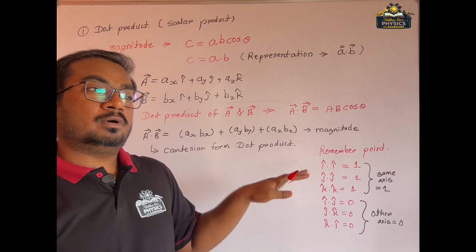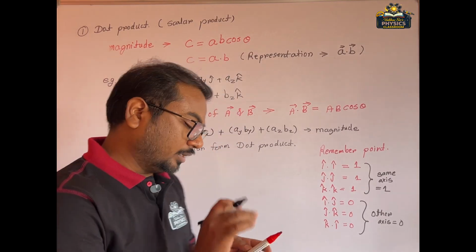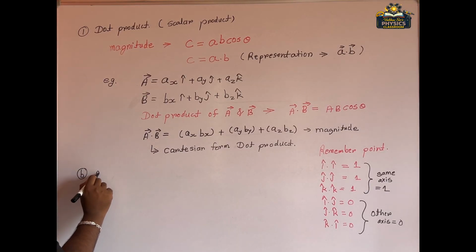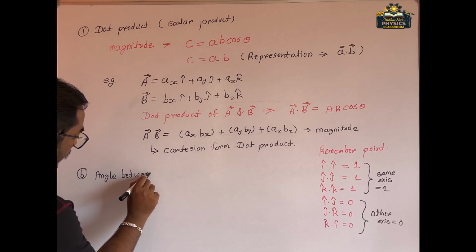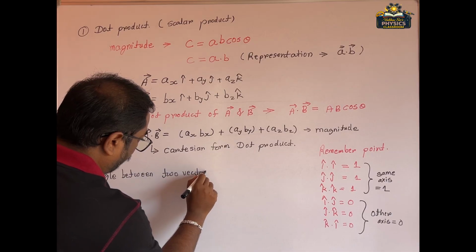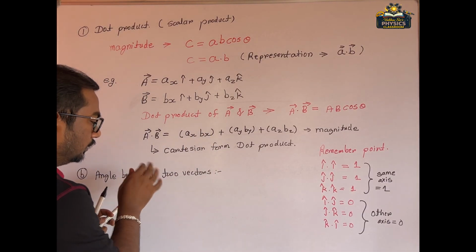Okay, and with the help of the dot product, we can get the angle between the two vectors also. So the second one is the angle between two vectors.